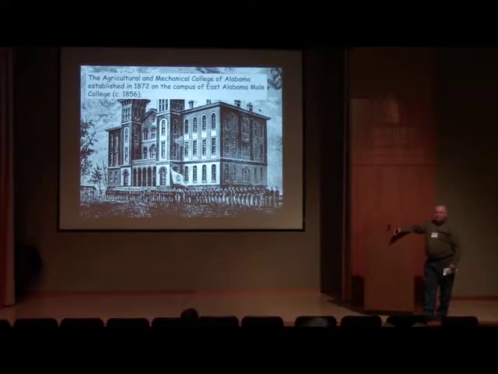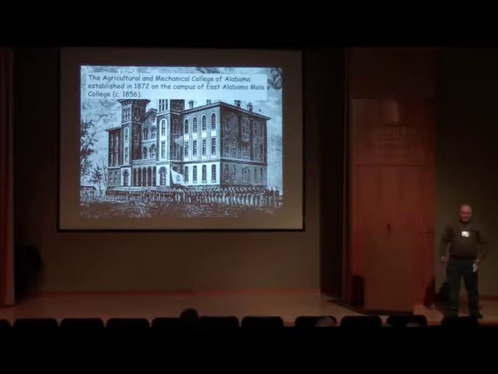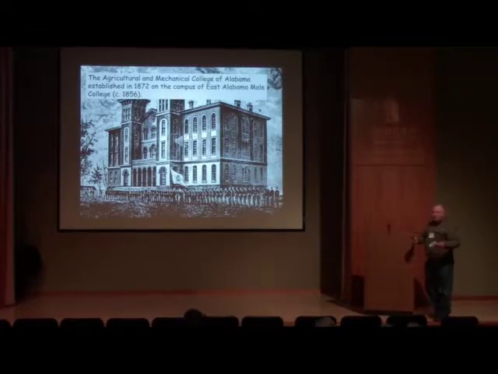And I'm told that the president of Auburn, the president of the Agricultural and Mechanical College of Alabama at that time, sold the property for railroad bonds. Thought it was a good investment. It wasn't. The railroads went kaput. And Auburn lost most of its land grant at that time. So it had to rebuild from nothing, basically.